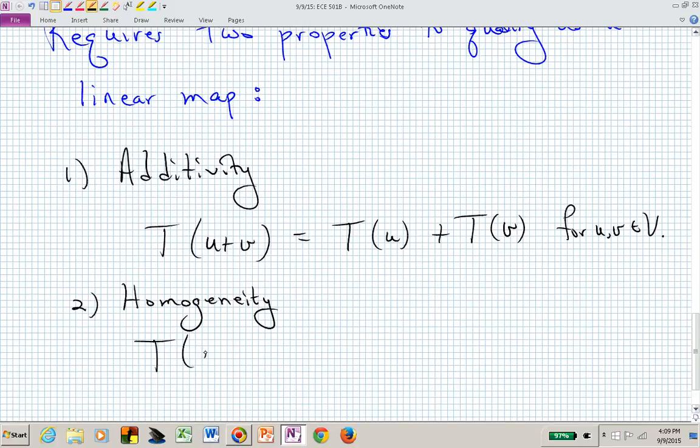That one says if we scale a vector V by some scalar A in our field F, then map it through this map, that should be the same as mapping the original vector through T and scaling that result with the scalar A. And that should be true for A coming from our field, typically in this class either the reals or complex numbers, and any element V in our vector space.